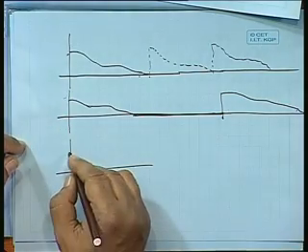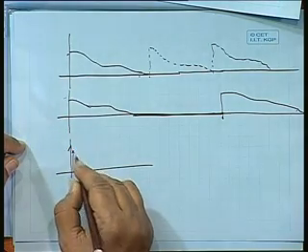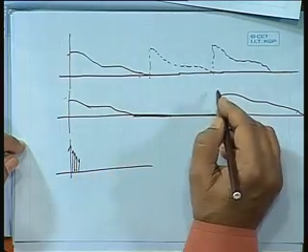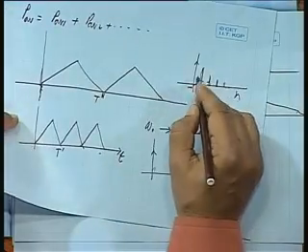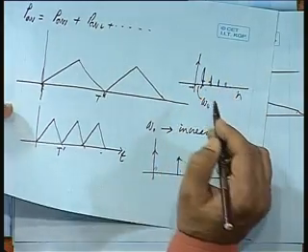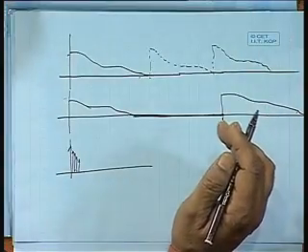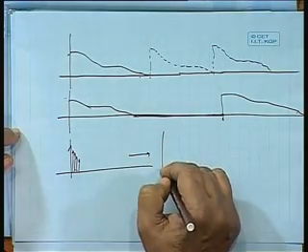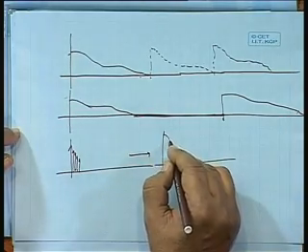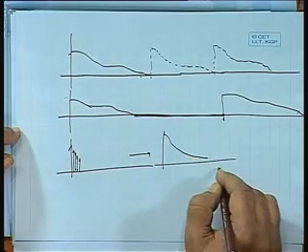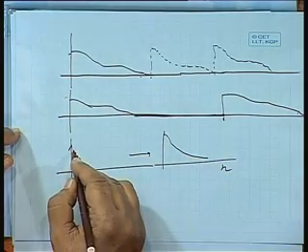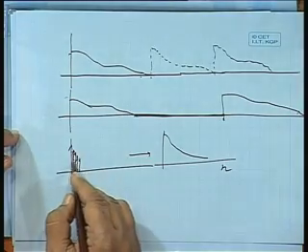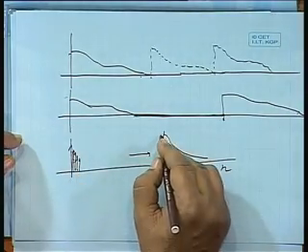So, if we assume this to be a part of a periodic function of very large period, then what happens to the frequency spectrum? These lines come very, very close, is it not? These lines will become closer and closer because omega naught is reduced very much, and in the limit we shall get a continuous frequency spectrum.